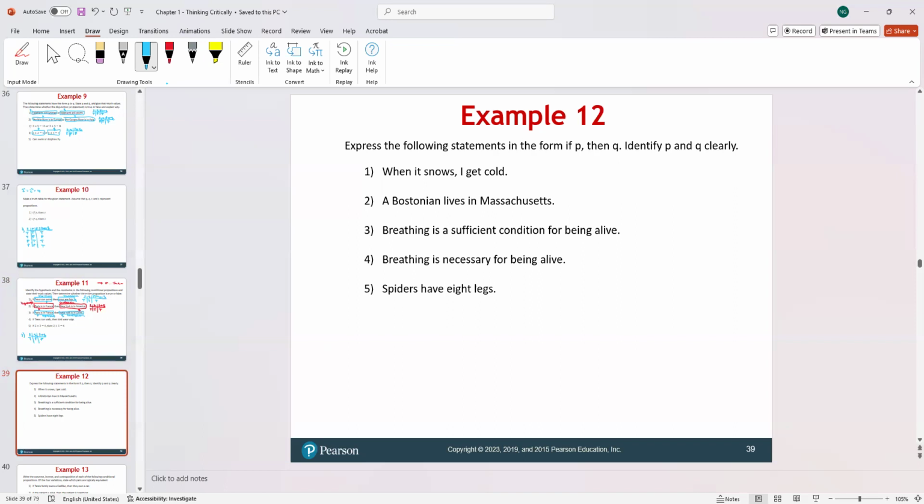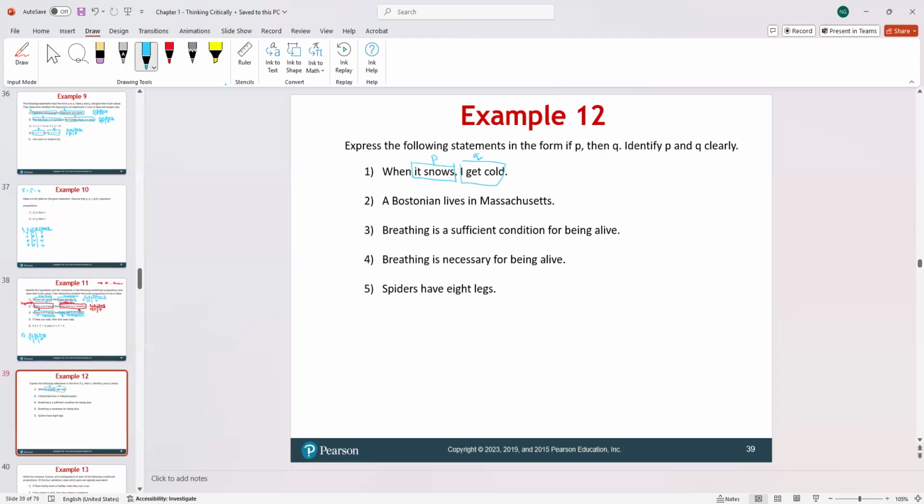When it snows, I get cold. That would be P, and that would be Q.